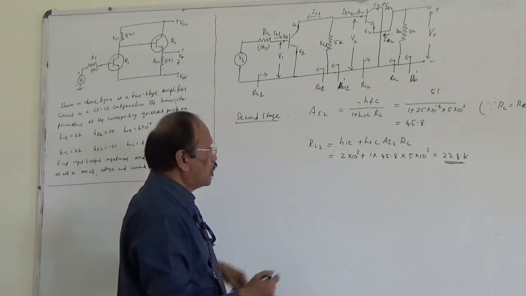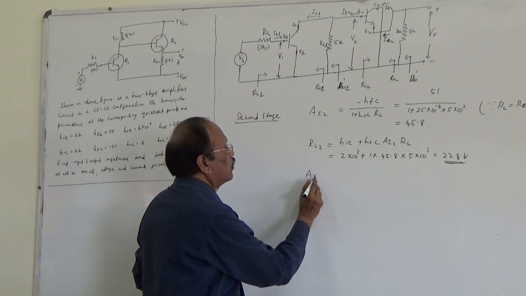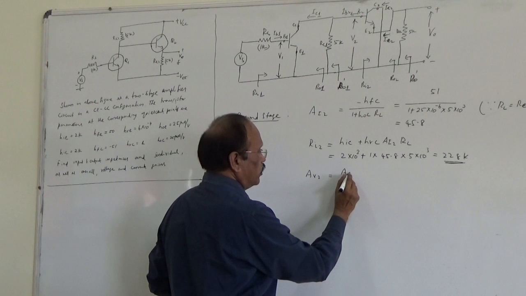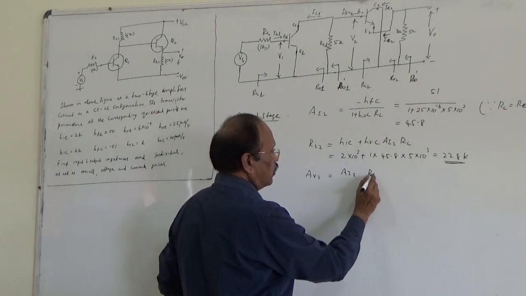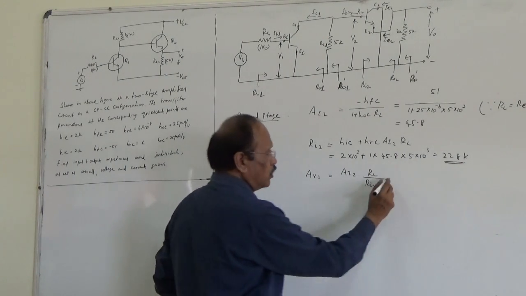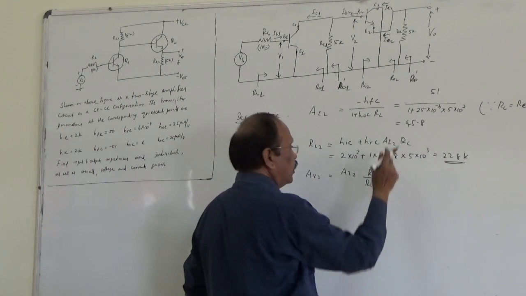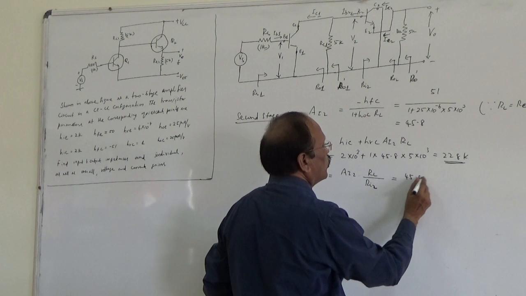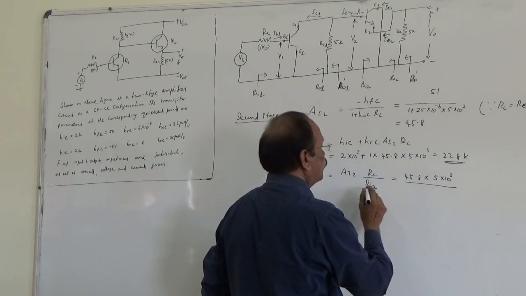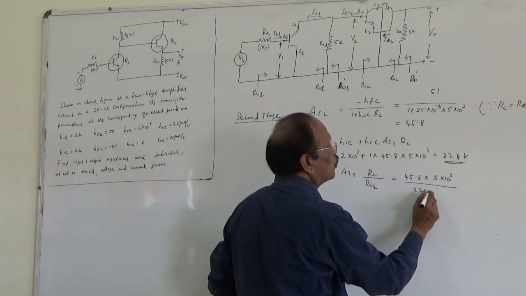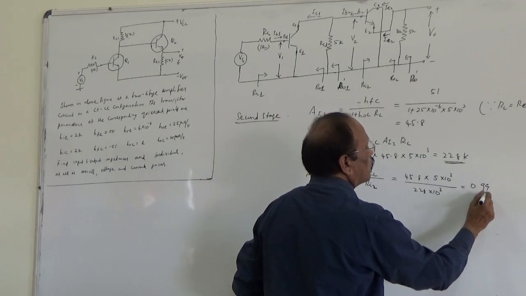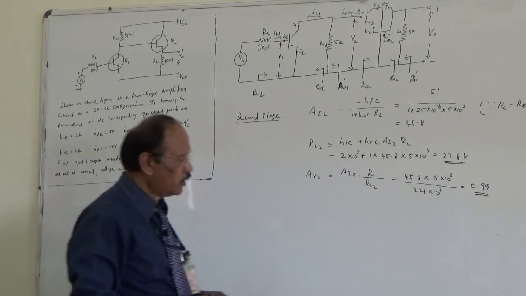With these two parameters, we can determine the voltage gain. This is AI2 into RL by Ri2. Substituting the values, 45.8 into 5 into 10 power 3 by 228 into 10 power 3, we get the value 0.99.